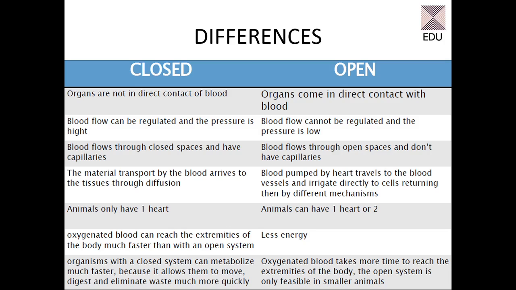So the metabolic processes may be slow as compared to the closed system, but for an animal with an open type of circulatory system, that system is good enough to carry out all the metabolic processes. To compare, in the closed system the oxygen is rapidly supplied to the target tissue. But in the open system, there may be some delay.